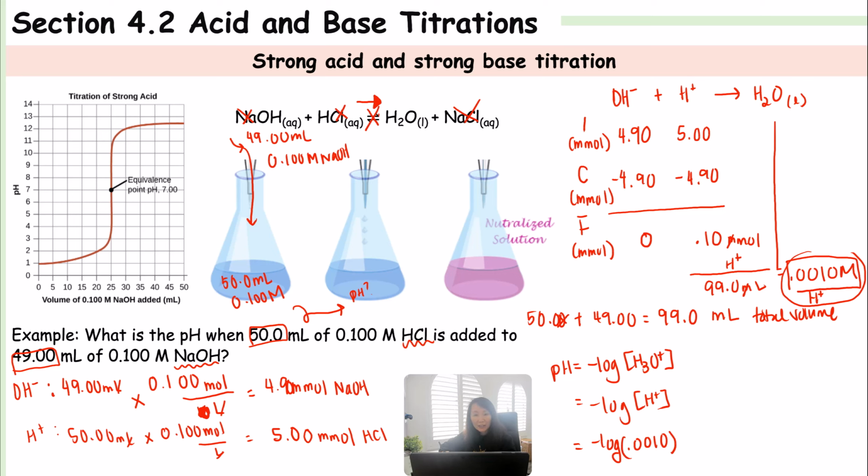You'll notice that this becomes approximately 3.0. So that's how acidic this point is. At a pH of 3, we were around this point right here. Hopefully that makes sense, and then we'll do some more problems in the next few videos.